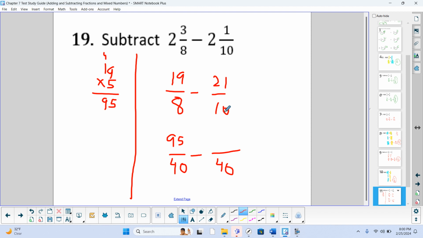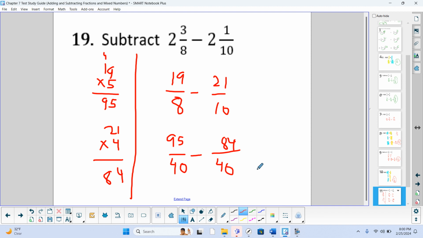And here, take 10 and multiply by what to get to 40? Well, 10 times 4, so I'm going to take 21 times 4, and that's going to be 84. Now, if you don't know it, that's fine. Just take 4 times 21. 4 times 1 is 4. 4 times 2 is 8.